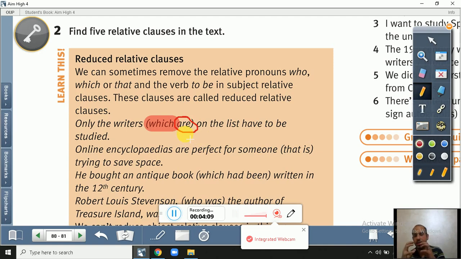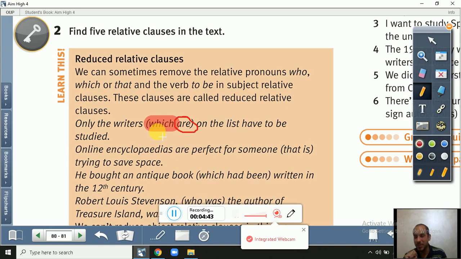Which are plays the role of, or relates to, the subject. Let's see: only the writers on the list have to be studied. The writers, now which refers to the writers. Some of you might ask a question: the writer is a person, so why do we use which?